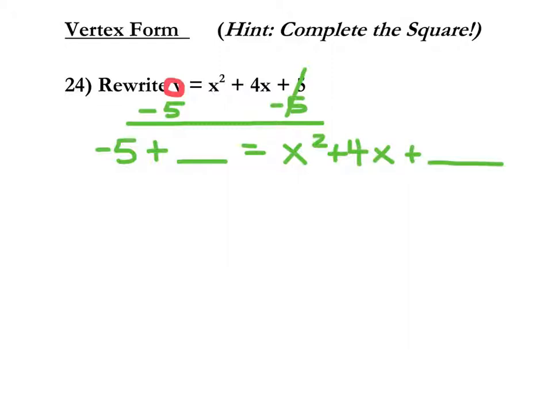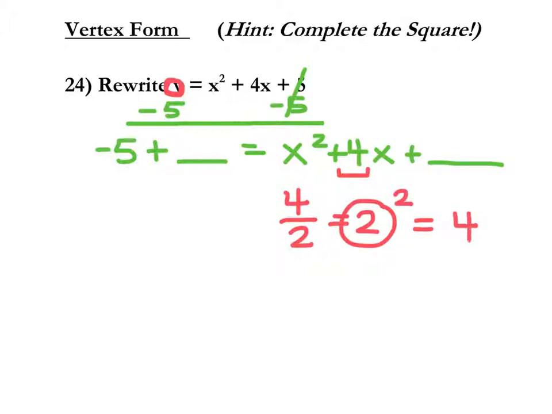Now, we're used to having the x's on the left and the numbers on the right, but this is the same exact thing. So I'm still going to take my b term and divide it by 2, which is 2. Circle that because we'll use it in a second, but then square it, and we get 4. The 4 goes in the blank spots on both sides.